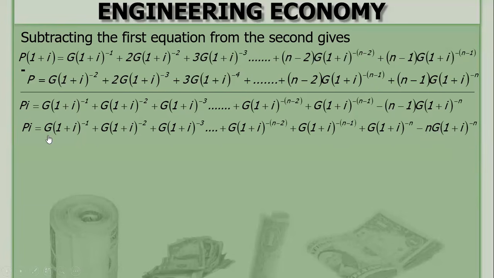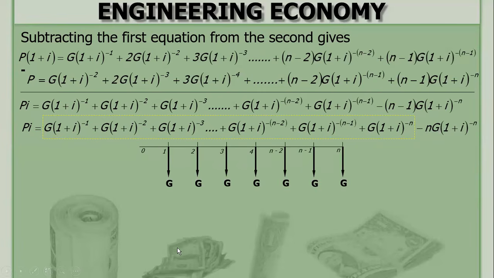Now, if you group this one, all of them have G, it's actually an ordinary annuity. If you plot this one in a cash flow diagram, the result is this.